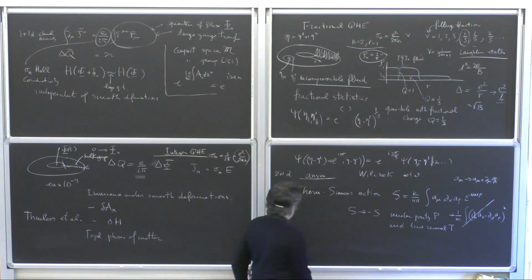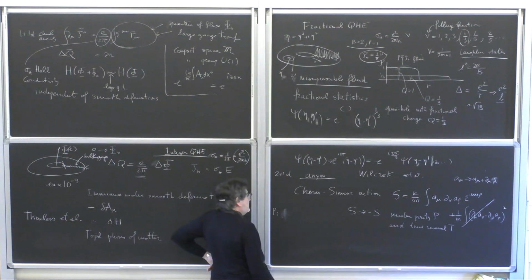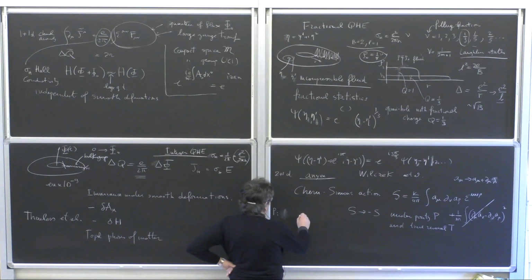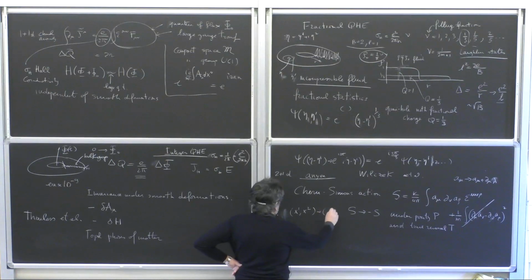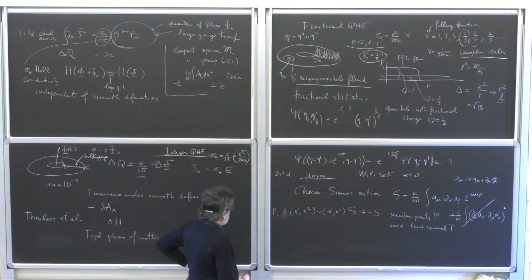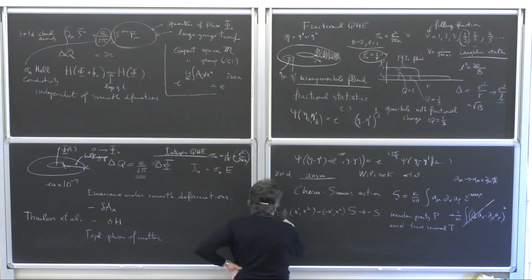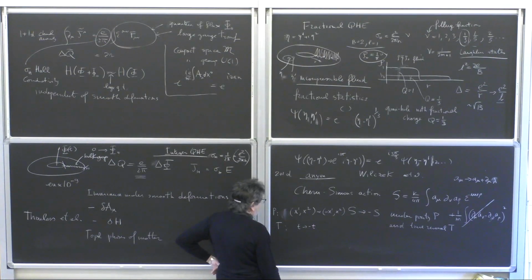In 3 dimensions this is, for example, a reflection, so x1, x2 goes into minus x1, x2. That's a parity, and time reversal instead is t, which goes into minus t.